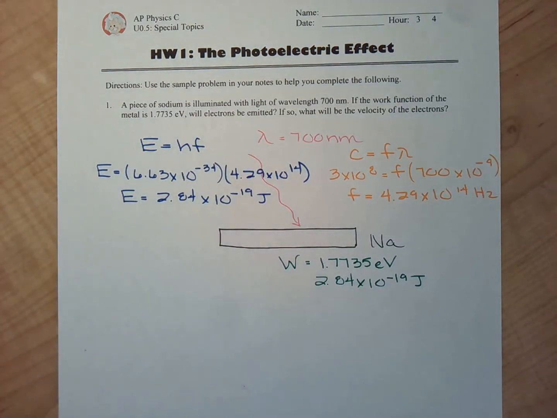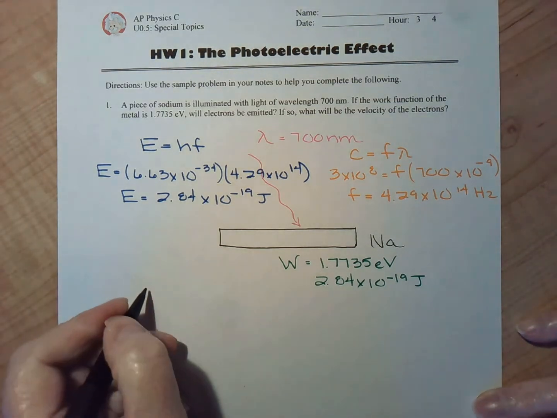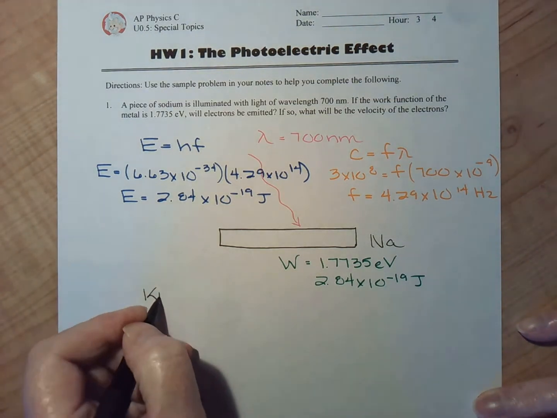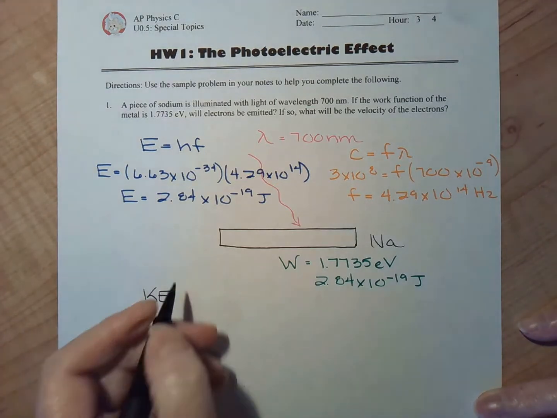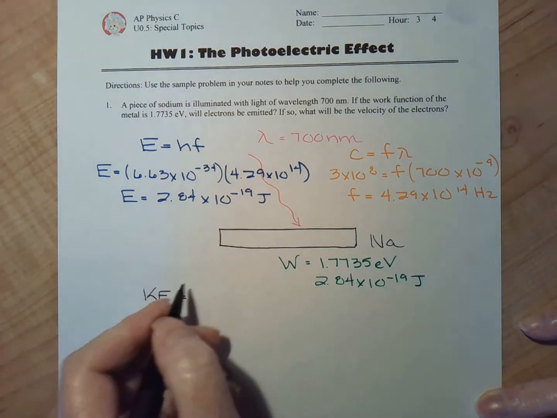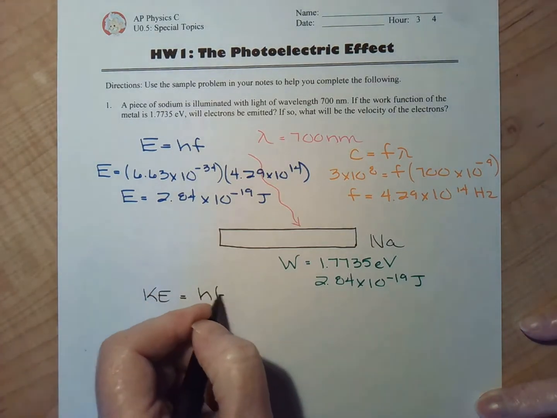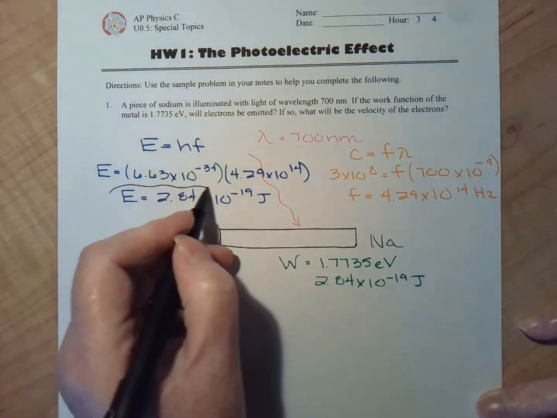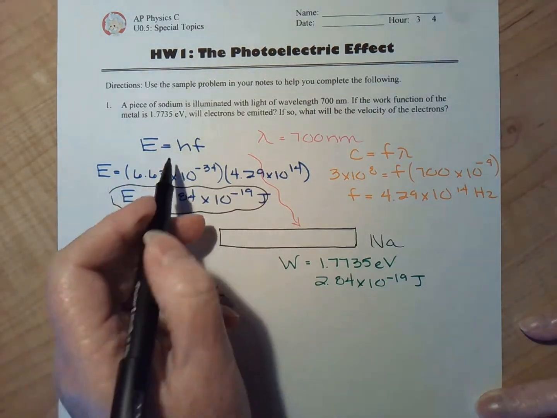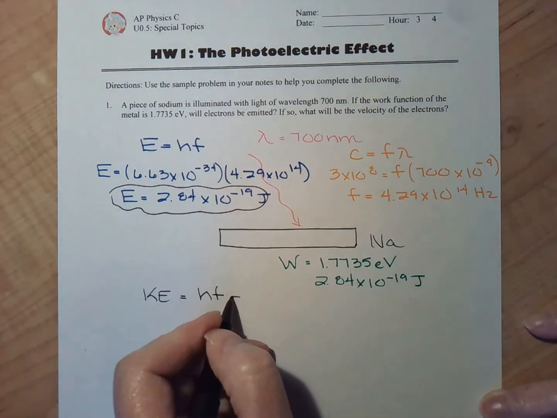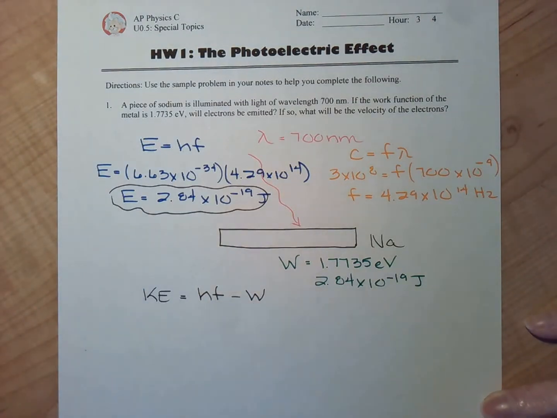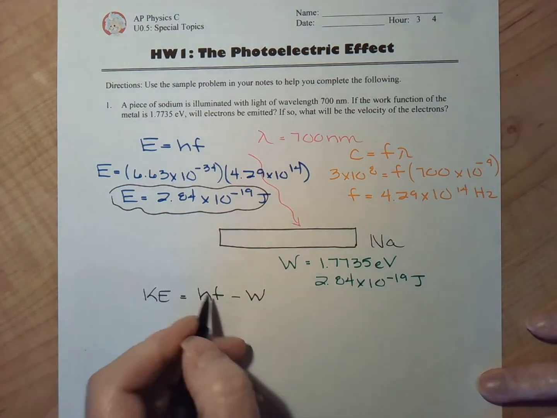So Einstein came up with a relationship that says if you wanted to know the kinetic energy of the released electrons, you take your incoming energy, hf, that's actually this value because we already multiplied the hf, and then you subtract off the joules that you have to spend to dig the electron out, which is the work function.